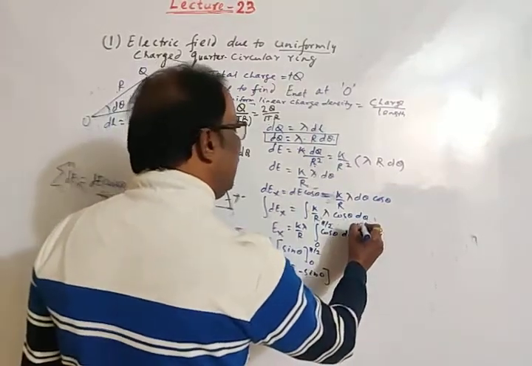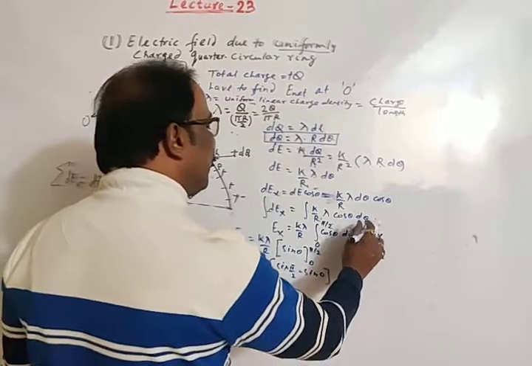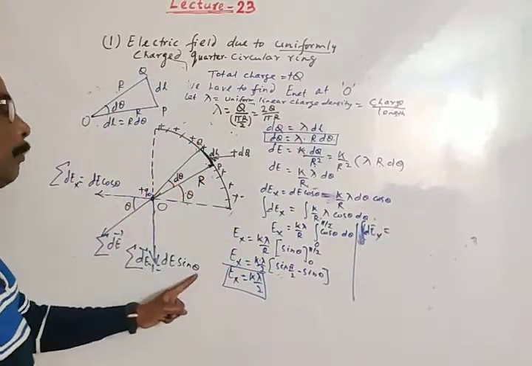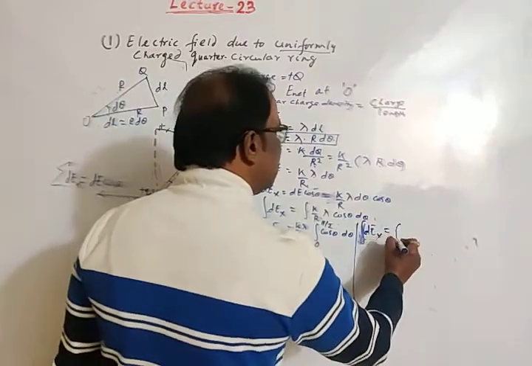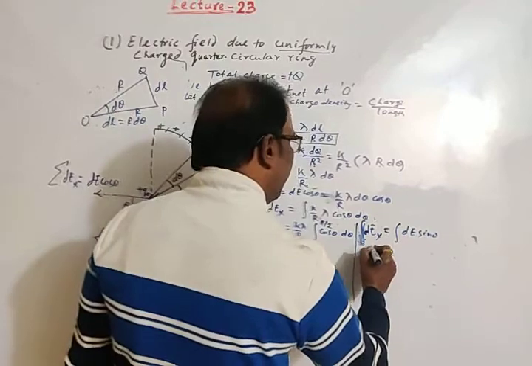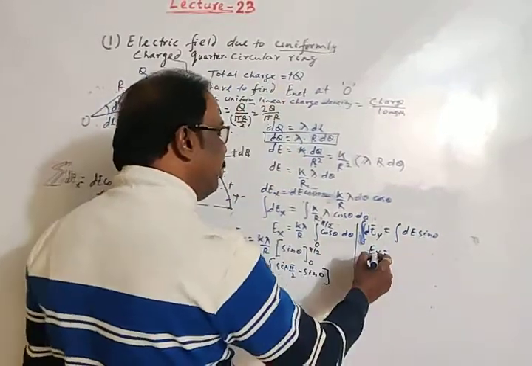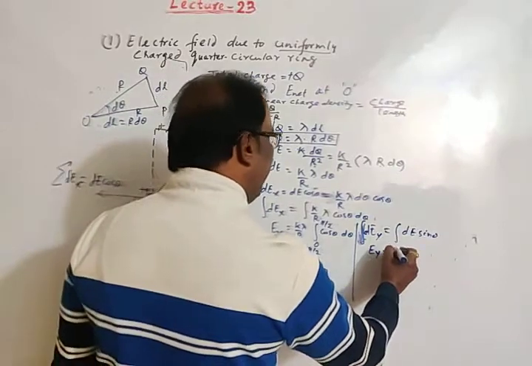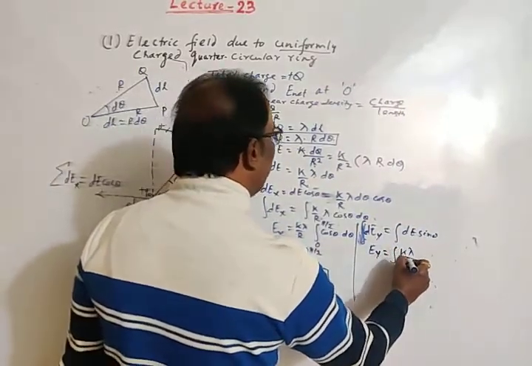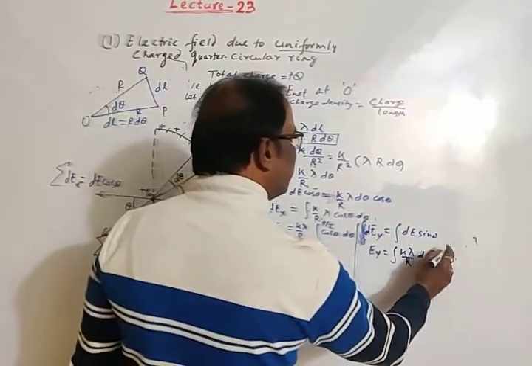Sum of dEy is also an integration, so you may take directly the integration of dEy. dEy is equal to dE sin theta, so this is integration of dE sin theta. Again dE is k lambda by r into d theta into sin theta.